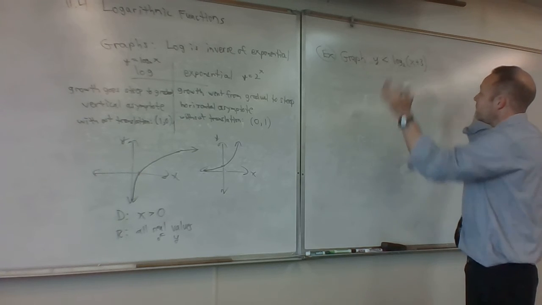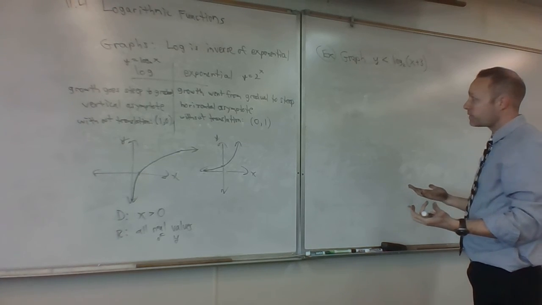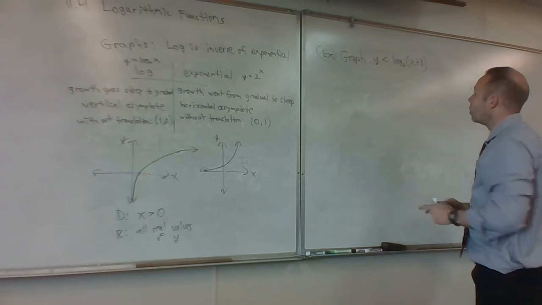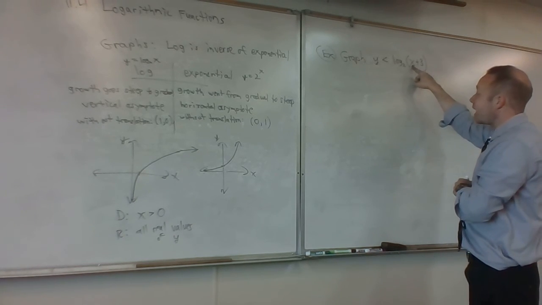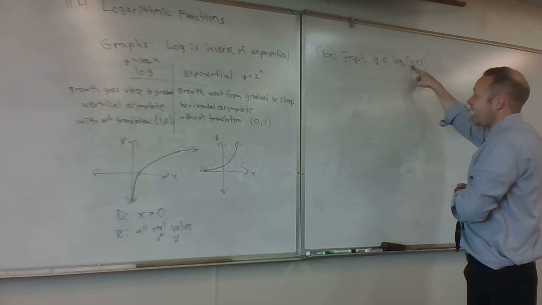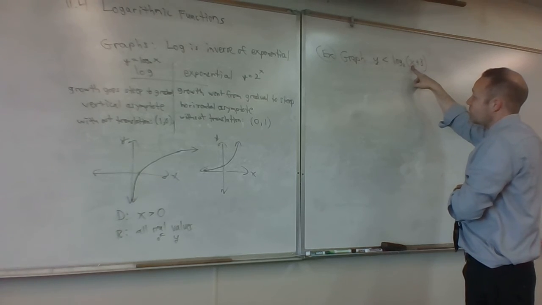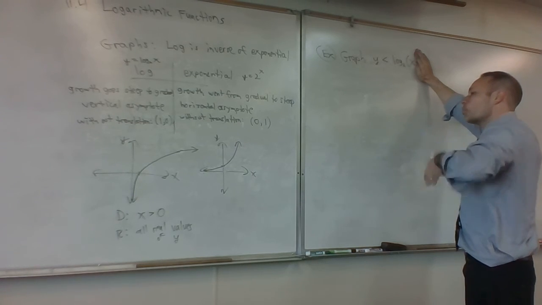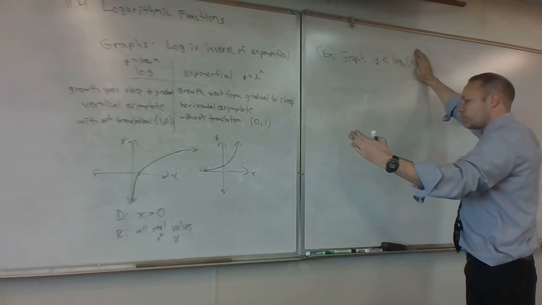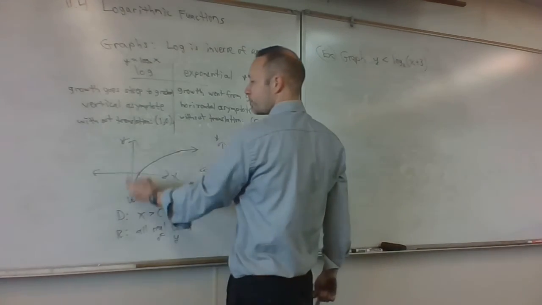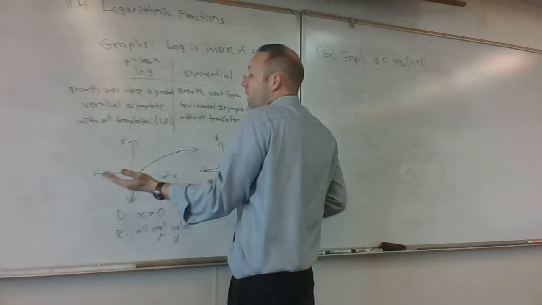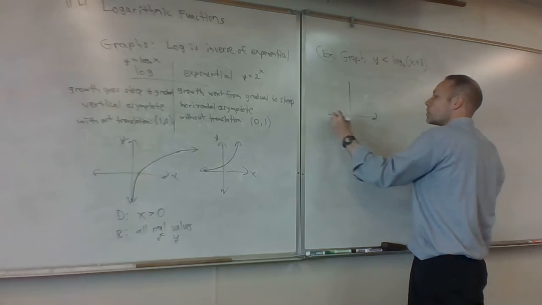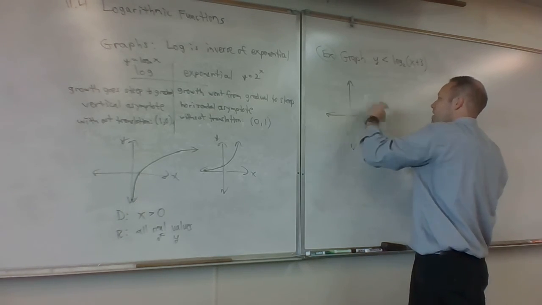I'm adding 3 inside the function. So as you would expect at this point, it's going to shift us backwards 3. Or in other words, when x is negative 3, my graph is going to behave the same way as it does without that when x is 0. So whatever my graph usually will be doing at 0 is now doing at negative 3. What was my graph doing when x is 0? That was my asymptote. So over here, I'm now going to have a vertical asymptote at negative 3.